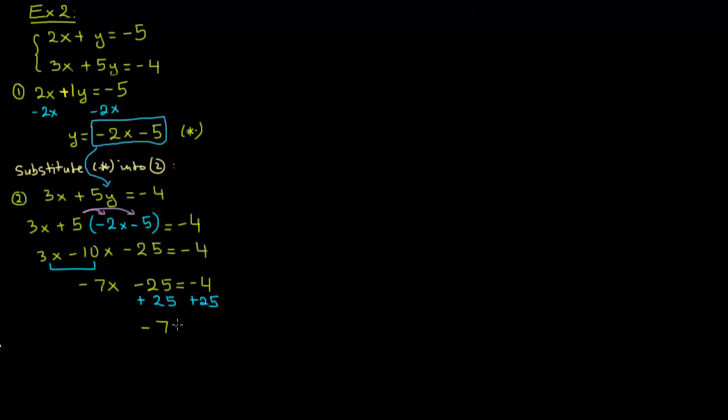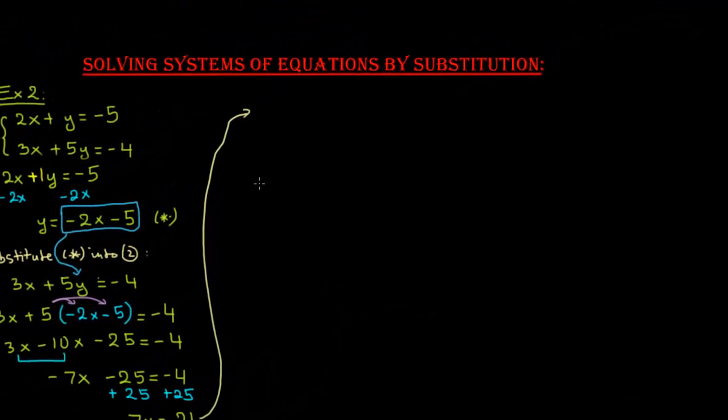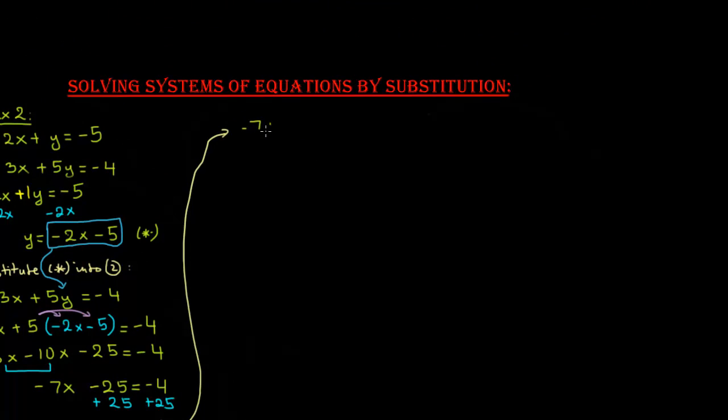So -7x equals 21. Since we are out of space, I'm going to bring it up here. -7x equals 21. Then we divide by -7 on both sides. So we have x equals -3, and x equals -3 is my first unknown.